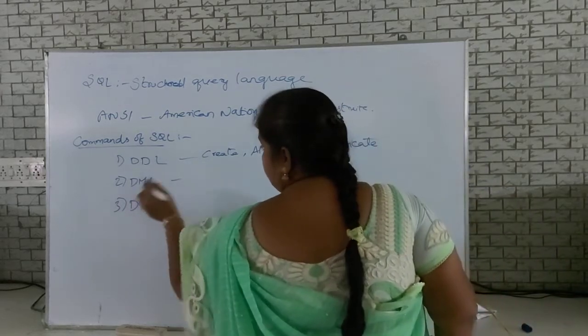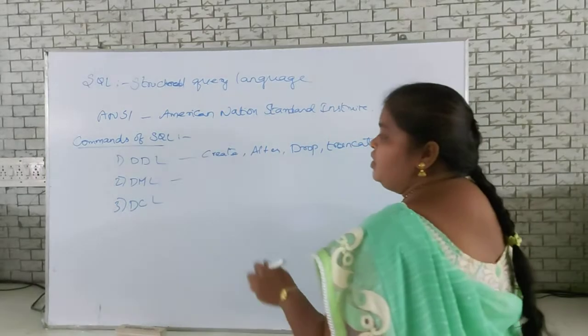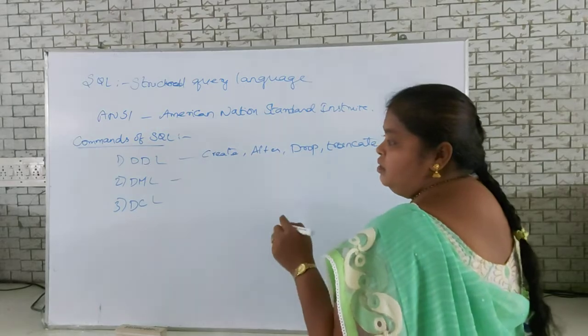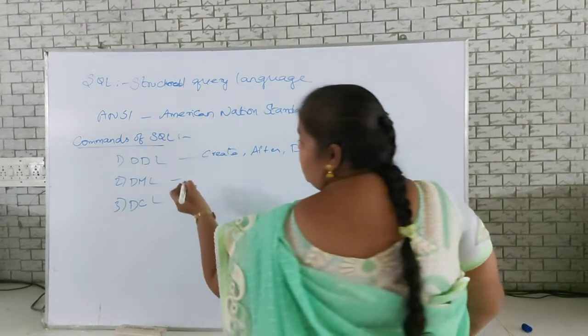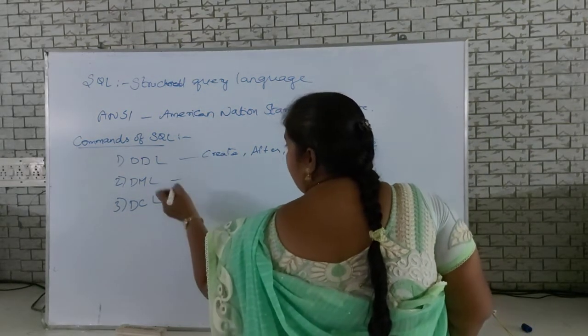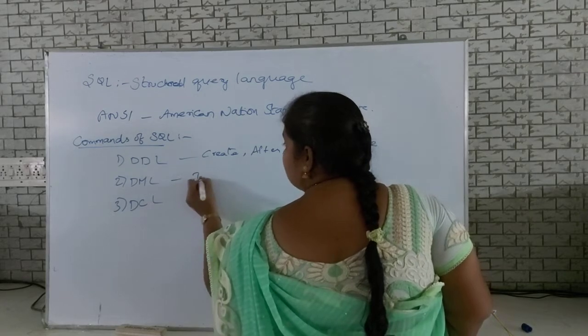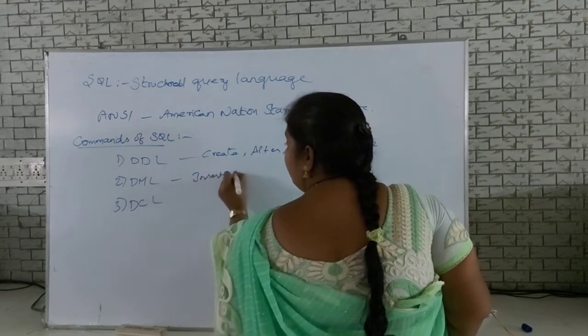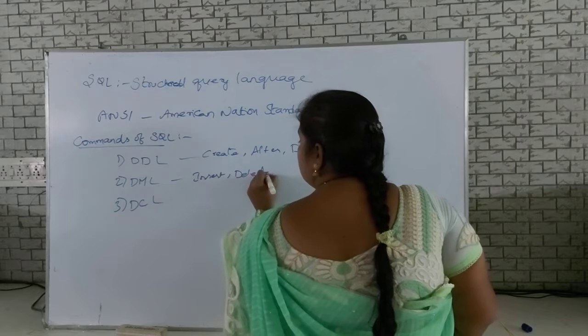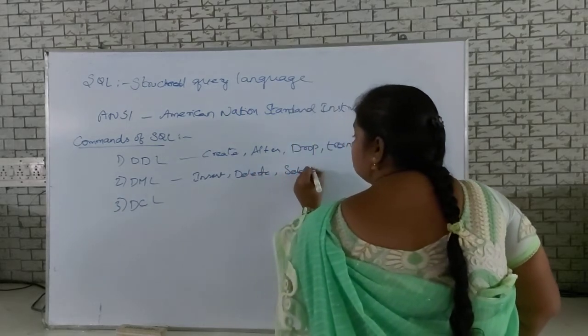DML means data manipulation language. This language is used to manipulate the data. The commands used in DML are insert, delete, select, and update.